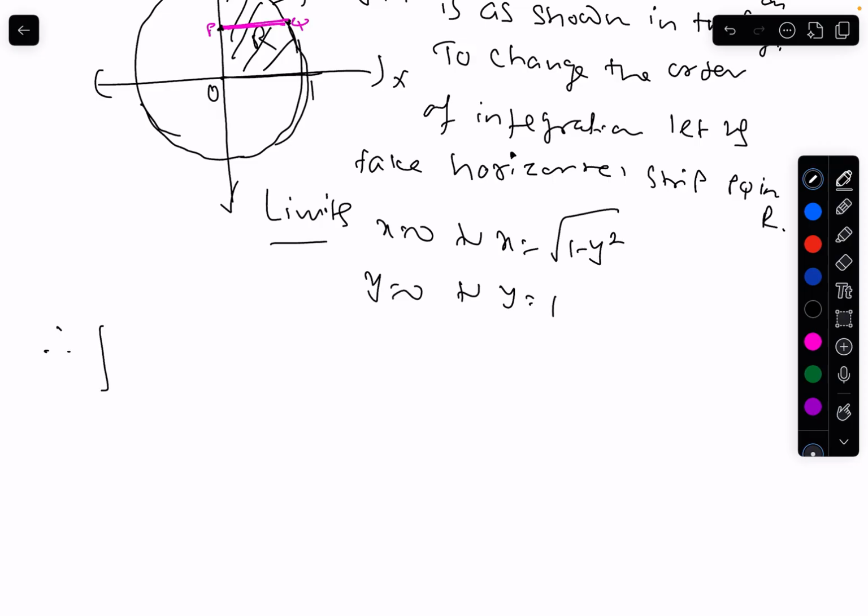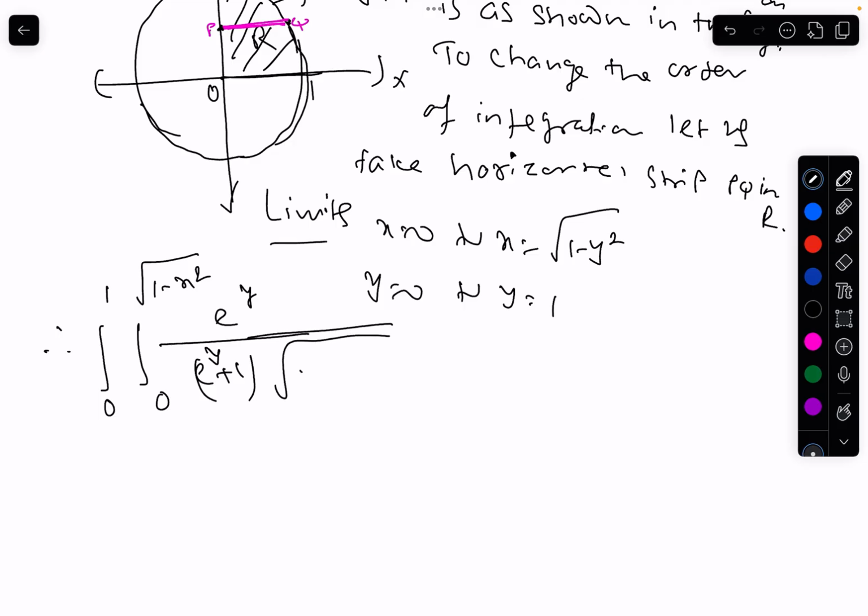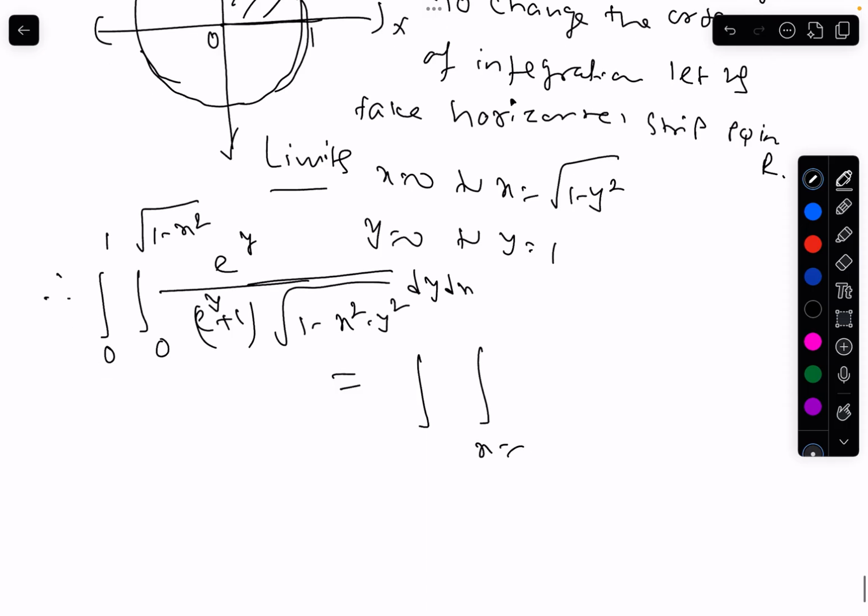So therefore, integration 0 to root 1 minus x square, 0 to 1, e power y over e power y plus 1, radical sign 1 minus x square minus y square dy dx, which is same as x equal to 0 to square root 1 minus y square, y equal to 0 to 1.